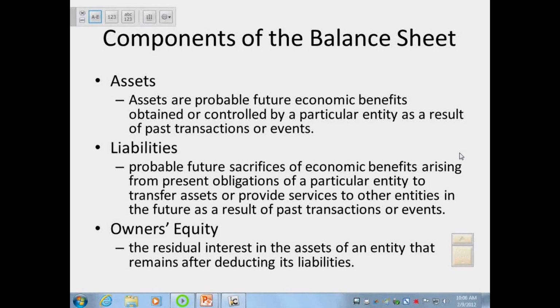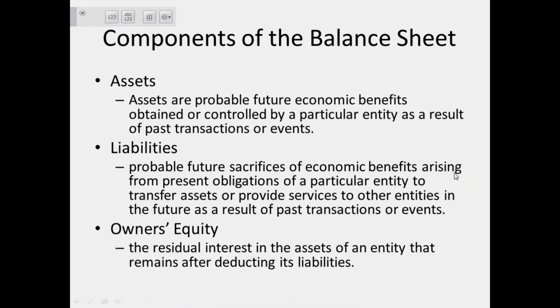So how do we define an asset as an accountant? Well, first, it has to be a probable future benefit. What does that mean? It means at some point down the road, maybe it's a long time from now, maybe it's pretty soon, we're going to get something, an inflow of cash, or we're going to be forgiven some liability as a consequence of this item.